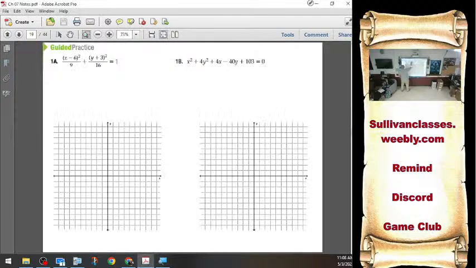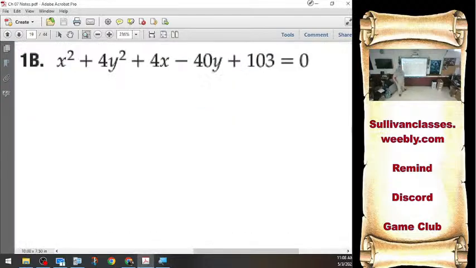Here goes. Can you complete the square? Just once, not even twice. Yeah, you can do it twice. Can you write this equation?